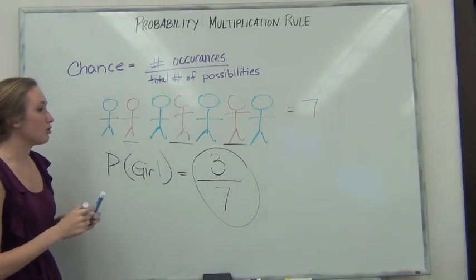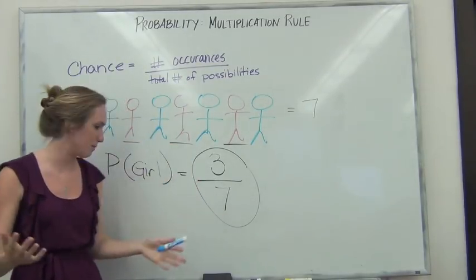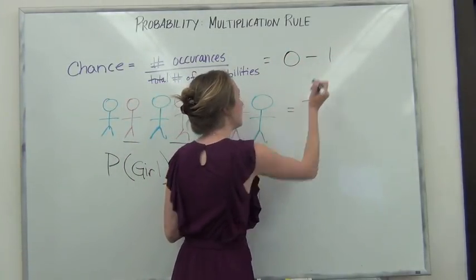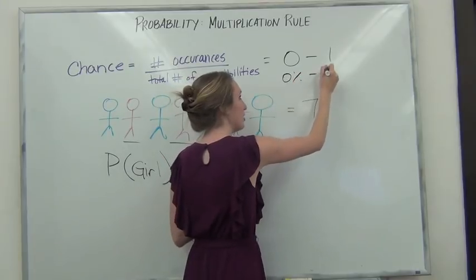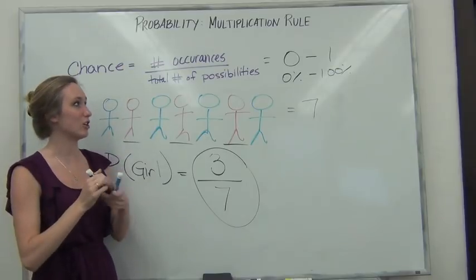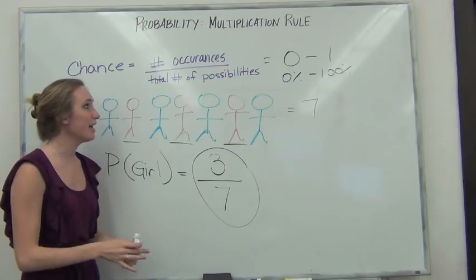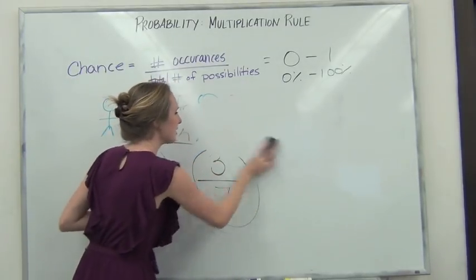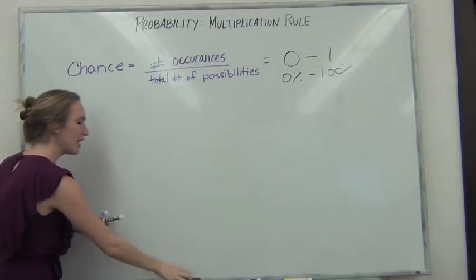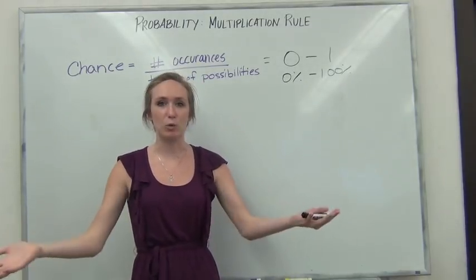So now when we're talking about chance, it's important to mention that chance runs from 0 to 1. That might sound a little bit strange, but we can think about that as 0% chance to 100% chance. So we could either denote chance in terms of decimals or fractions, or in terms of percents. And so when we think about it, the chance that something occurs and the chance that something does not occur has to equal 1, right?